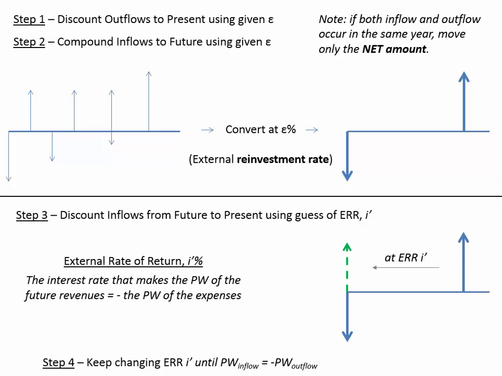It's the interest rate that makes the present worth of the future revenues equal to the present worth of the expenses. Once you have moved the expenses to here, and you have moved the revenues to here, and you did those first 2 steps at the external reinvestment rate, then you solve for the external rate of return by relating those 2 amounts together, from the future to the present.